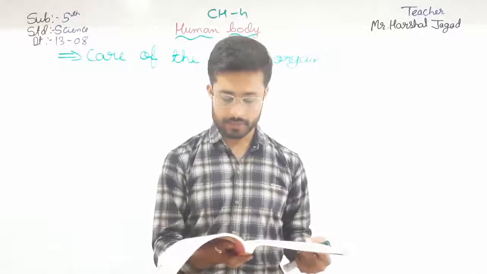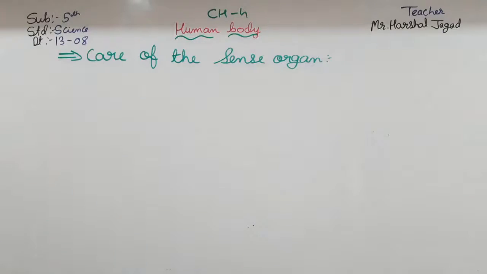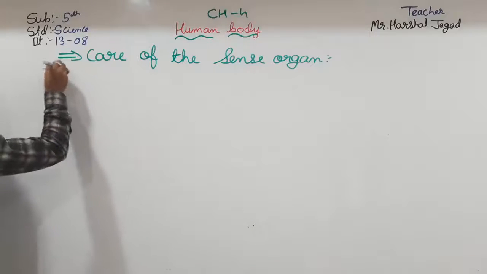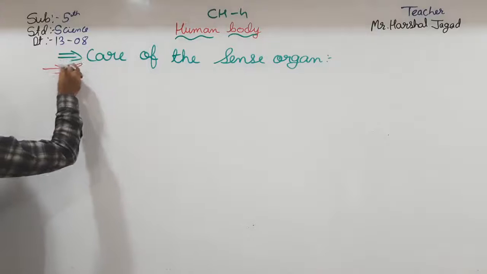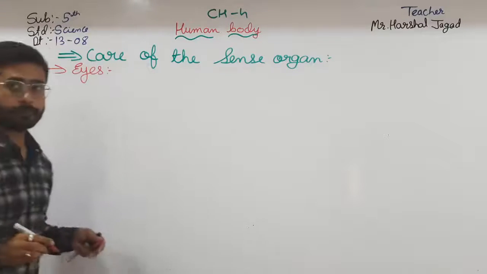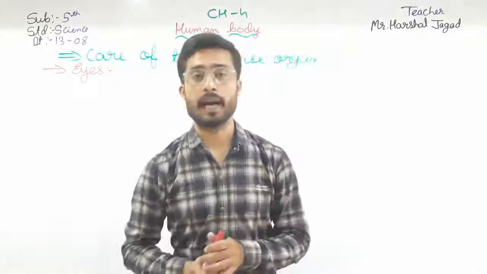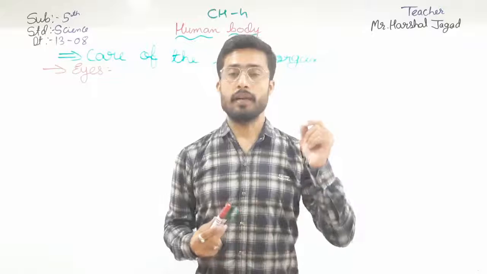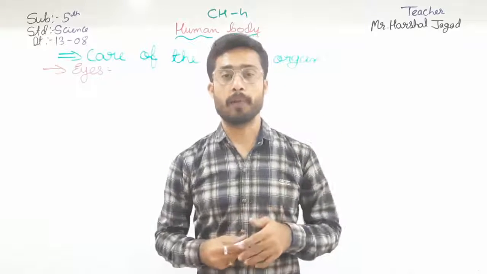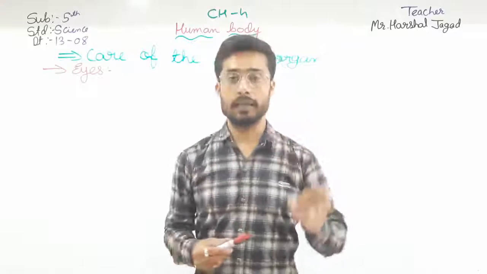So first, the eyes. One of the sense organs is the eyes. We should take care of our eyes. Why? Because if the eyes are not healthy, we can't see our world clearly.